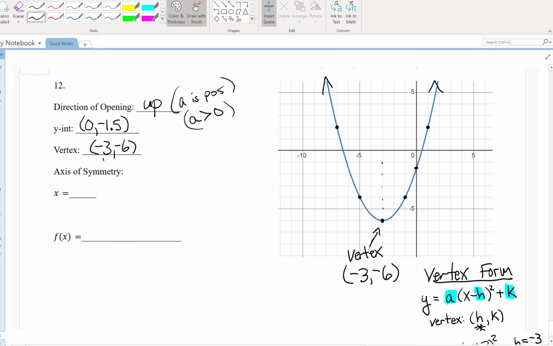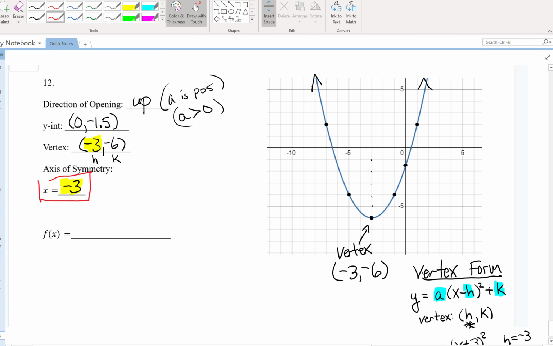That means that -3 is my h value and -6 is my k value. Axis of symmetry, very easy. It's just x equals -3. It's always going to be the same as the x coordinate of your vertex. So this vertical line right here, where x equals -3, is the axis of symmetry.